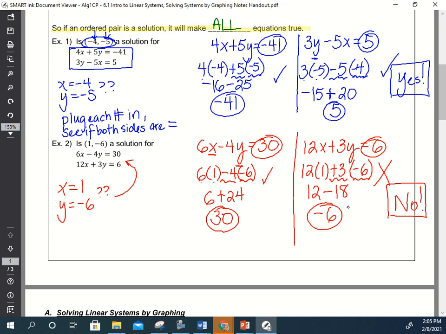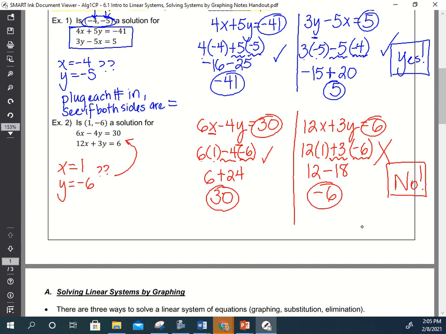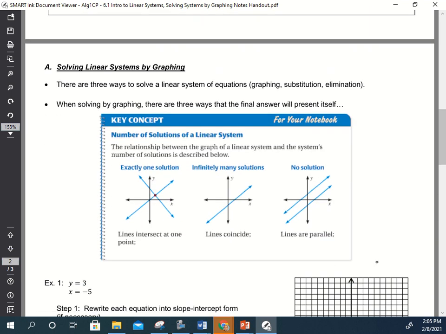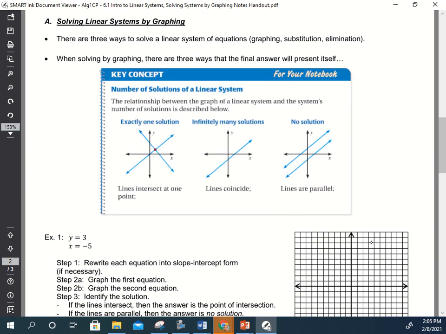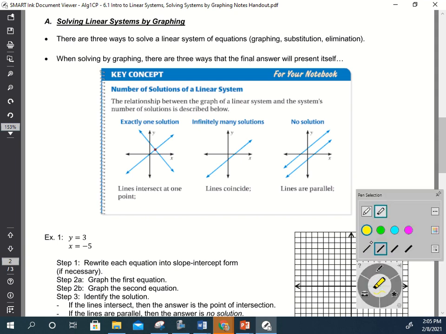But you're not going to get the answer all the time or ever. You're going to have to solve for it. So now we're going to start solving for it. The first way to solve for it is by graphing.